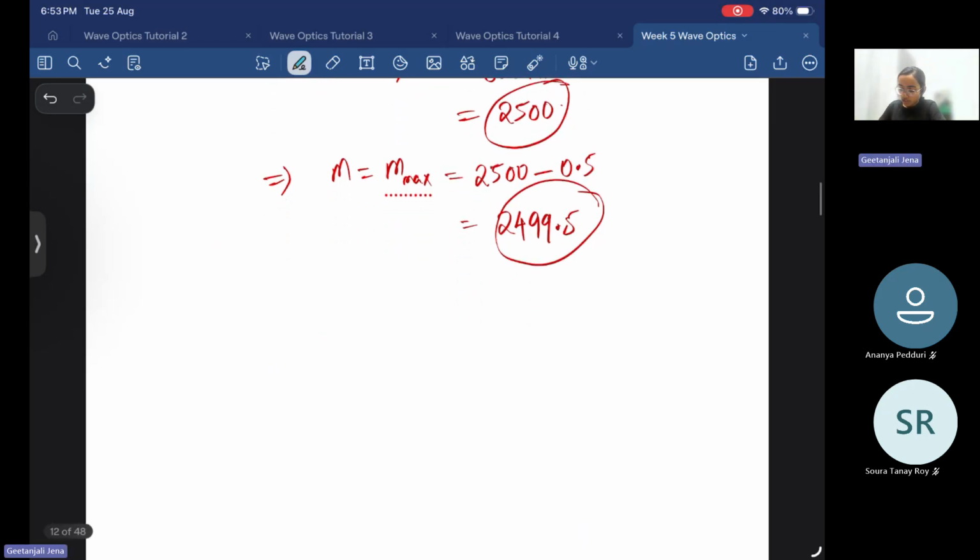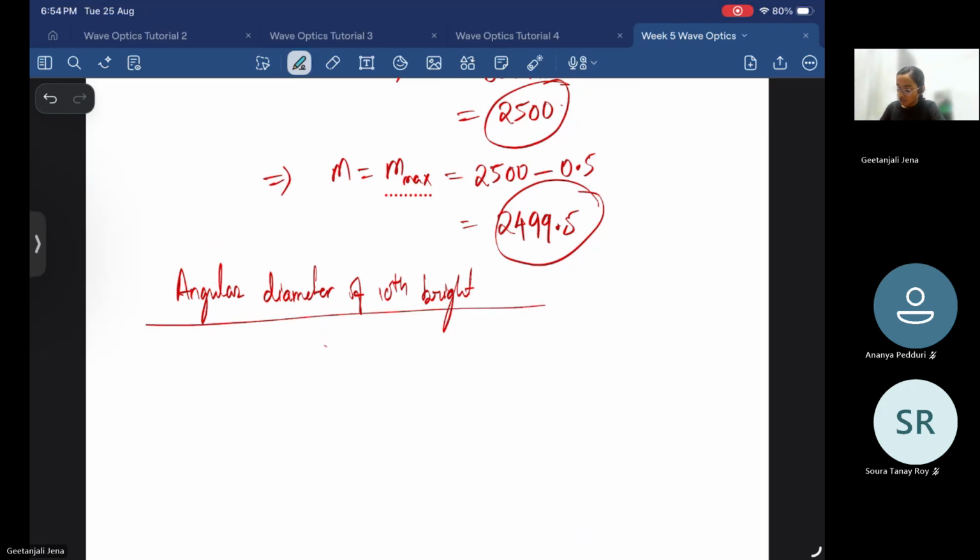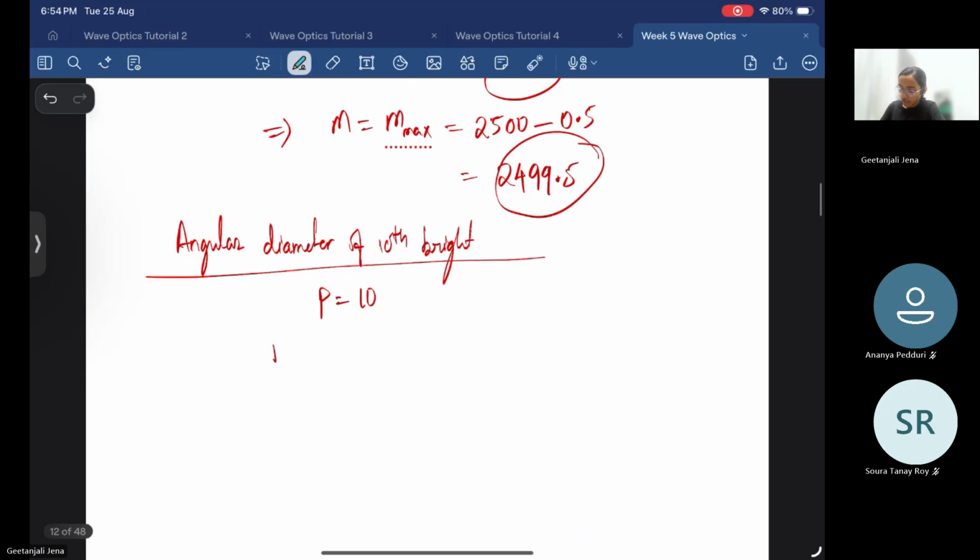Now what we need to calculate is the angular radius of the 10th bright fringe. So p is given, it is 10. So that means m is m max minus p, which will give a value of 2489.5.